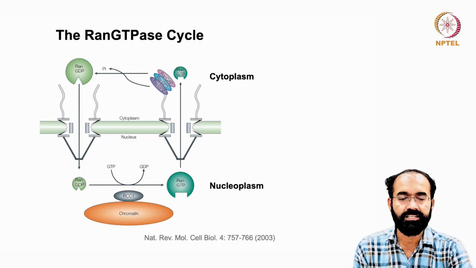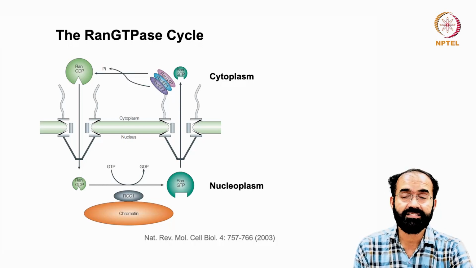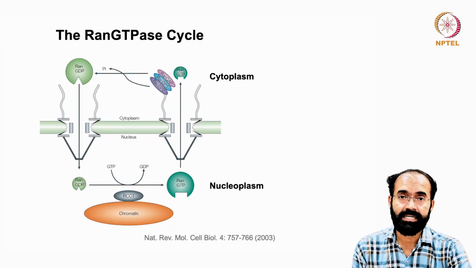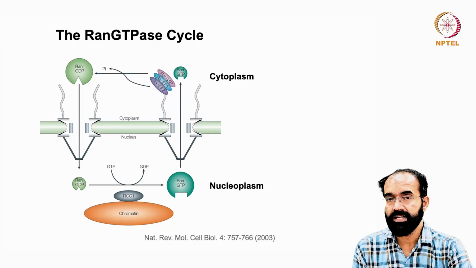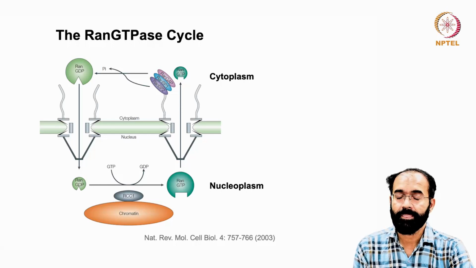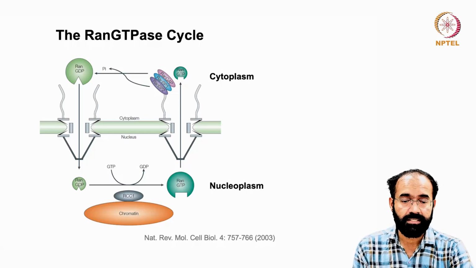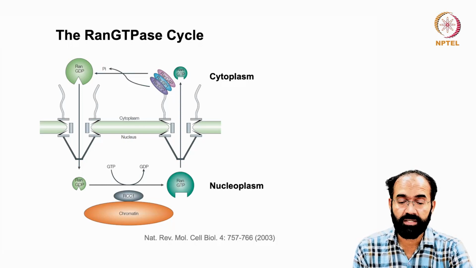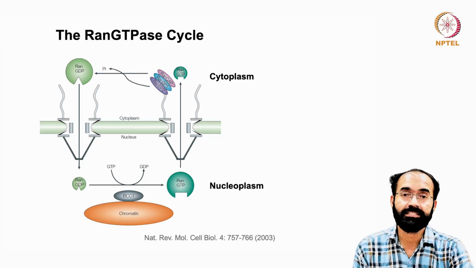So this Ran GTPase cycle is one of the central topics of nuclear export and import. If there is no Ran GTPase cycle going on, there is no way the RNA cargo can be pushed into and out of the nucleus. So this idea should be very clear and thorough in your mind. Ran GDP is higher in the cytoplasm, lower in the nucleus; Ran GTP is higher in the nucleus, low in the cytoplasm. This continues and it is maintained so with a purpose.